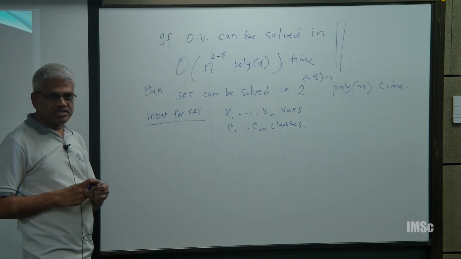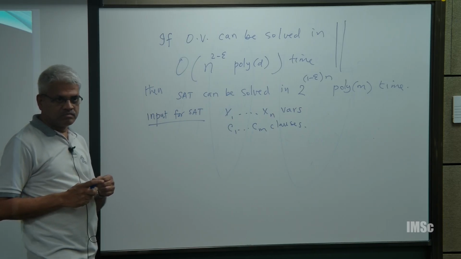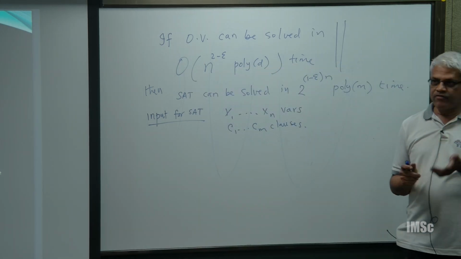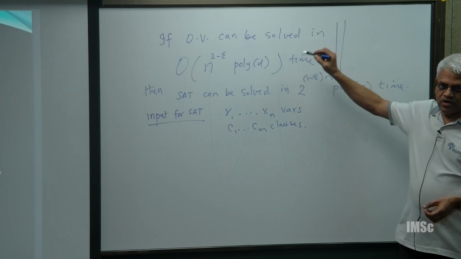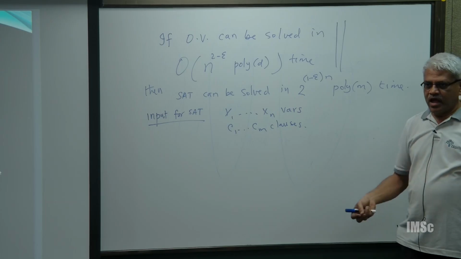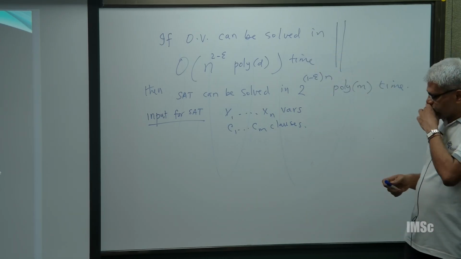And what do I have to construct? From the SAT instance, I have to construct d dimensional vectors for some d, because I want to use this black box to solve my SAT.